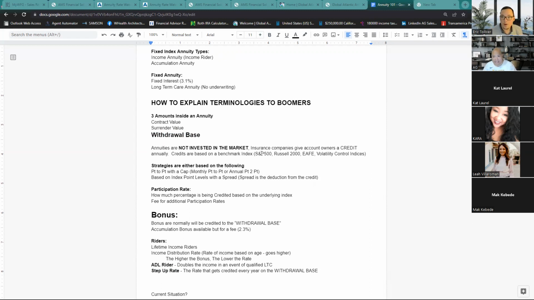That's only their income base. If they die, it's not based on the income base. It's based on the contract value. So I want you guys to be able to separate these things and formulate in your head that there are two numbers here: contract value, and income base or withdrawal base, whatever term they're using with their company.